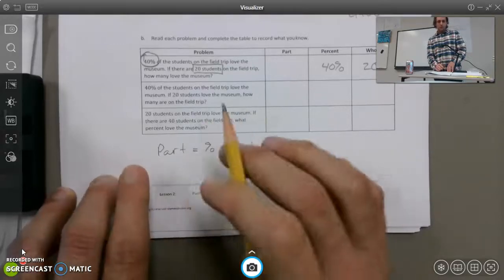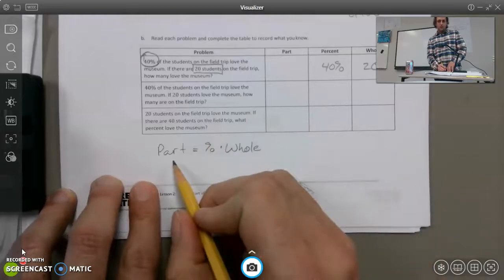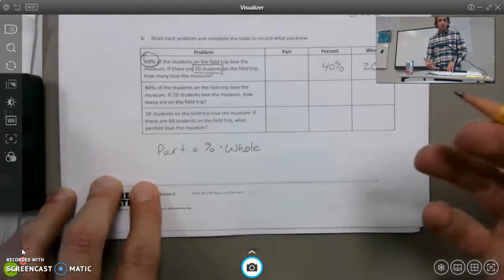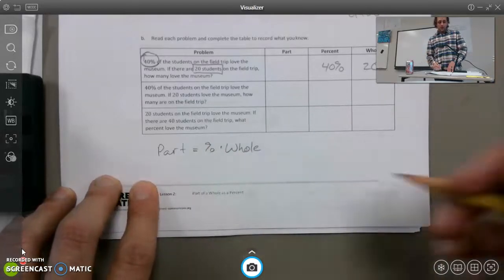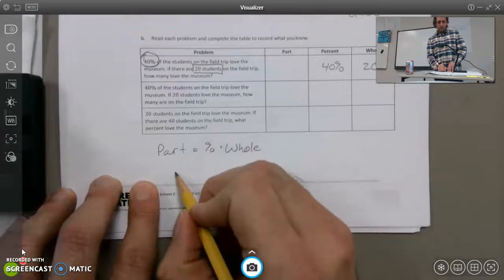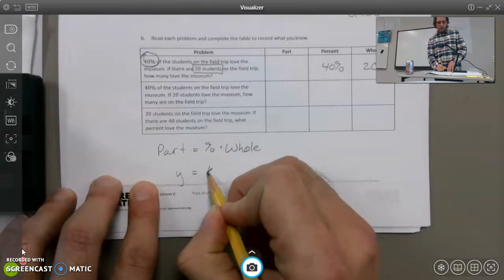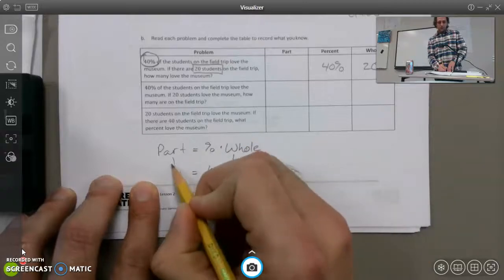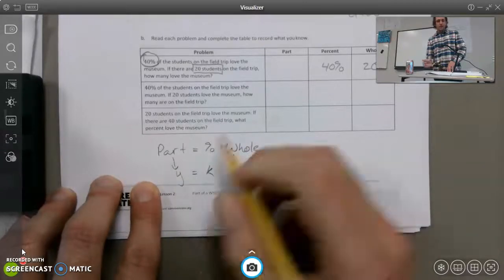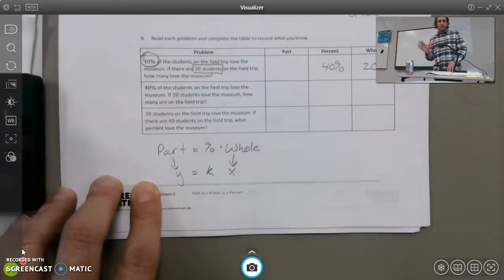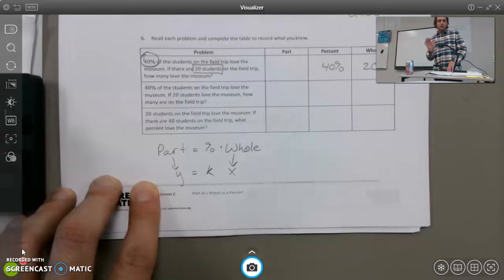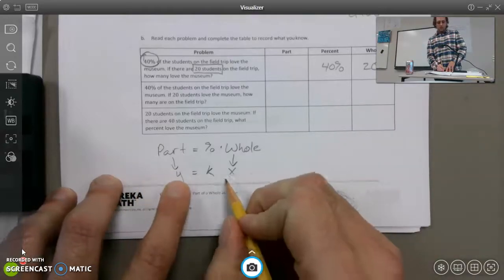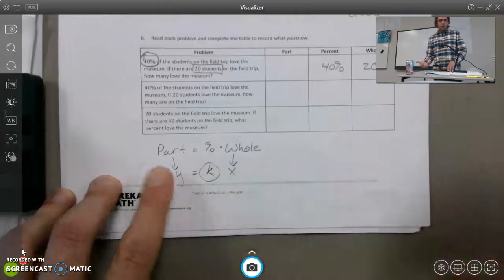That's the relationship. It is a variation of what we've already talked about with y equals kx, where x is our whole, y is our part, and the percentage is like the constant rate between them, the rate of k.